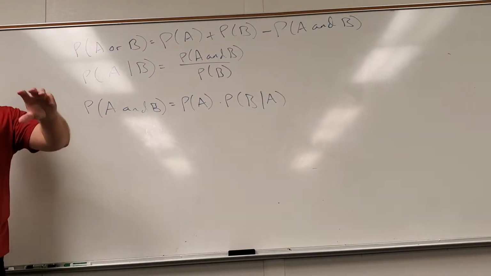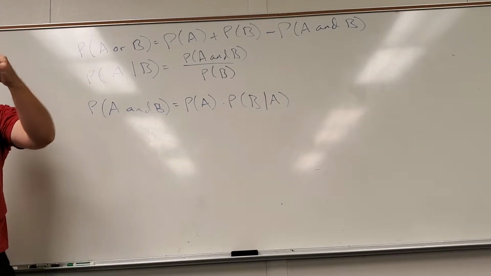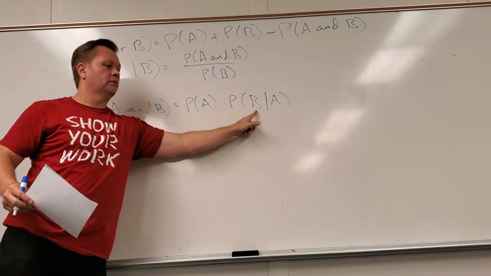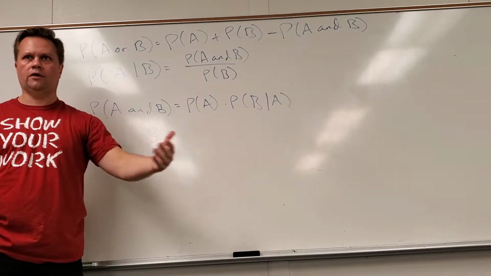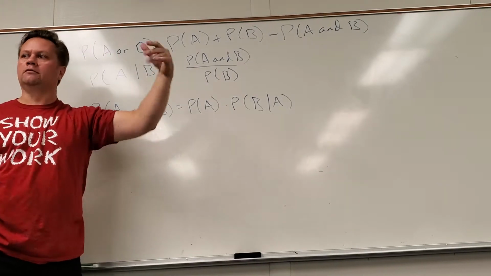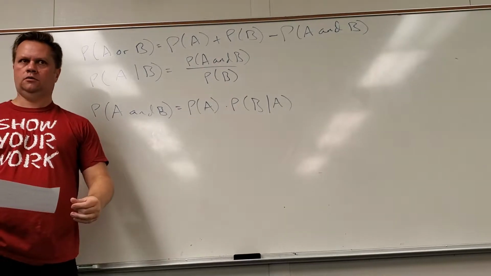When do I use this? When I pick two things out of a hat or something. If I don't put the first one back in, it's going to affect the probability of the next one. We know that. 4 out of 52 kings, and if I throw a king away, 3 out of 51, and so forth. We've done those kinds of problems before.